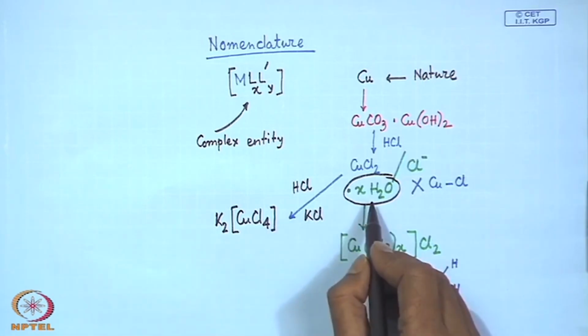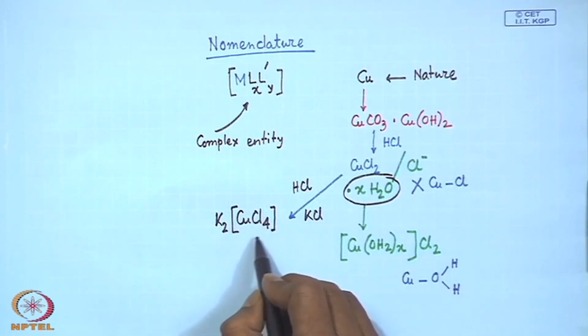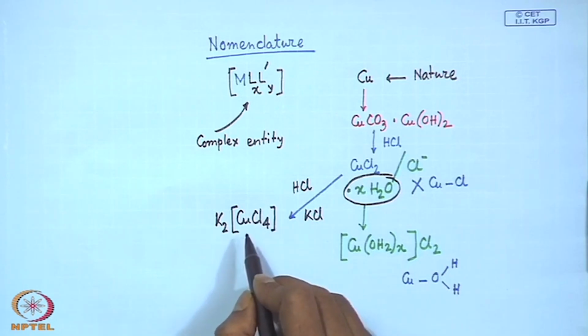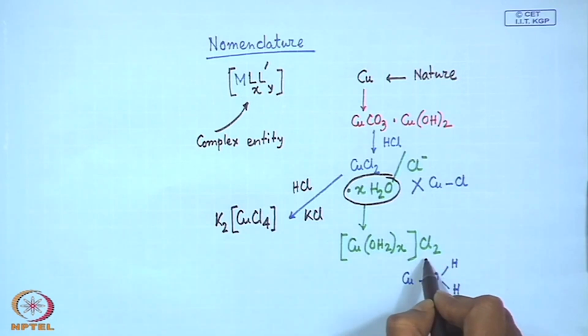Now, water is not present, and since 4 Cl is there which cannot be present as the corresponding anions outside the coordinate sphere.